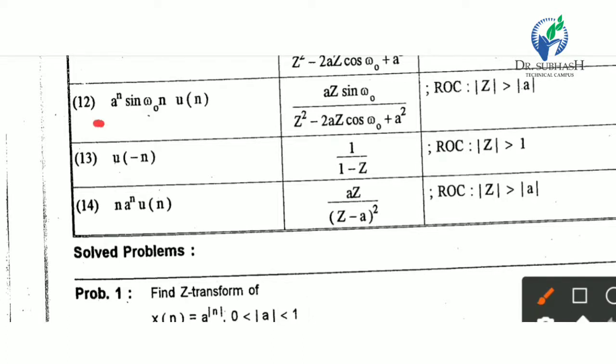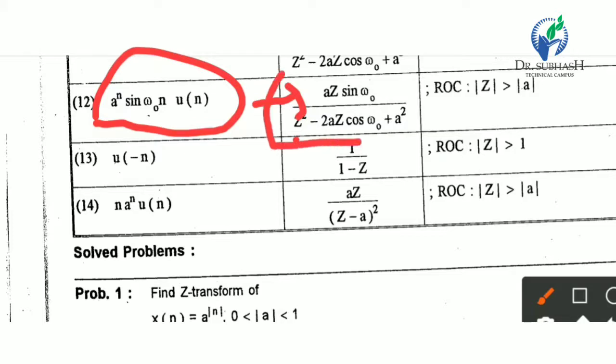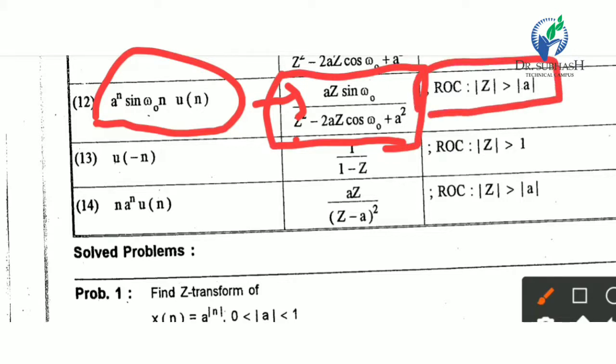For a raised to n sin omega 0 n u of n, the Z transform is a z sin omega 0 divided by z square minus 2a z cos omega 0 plus a square, and the ROC is mod z greater than mod a.